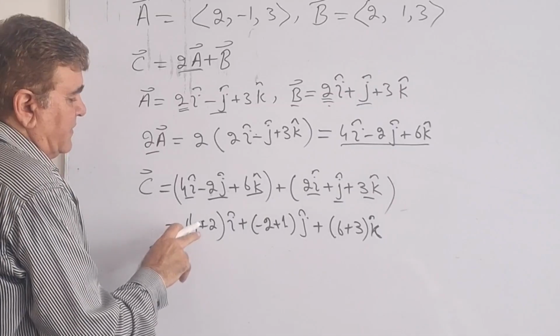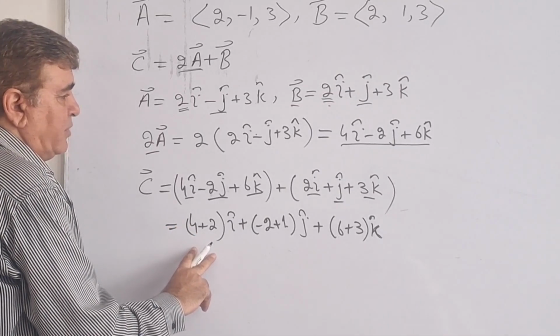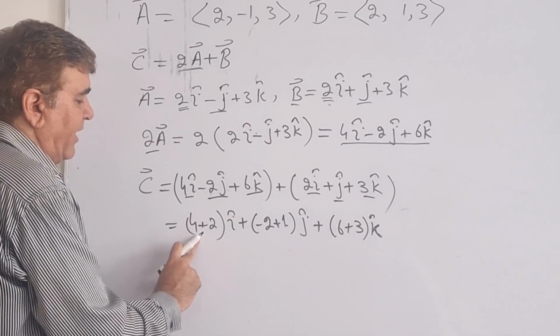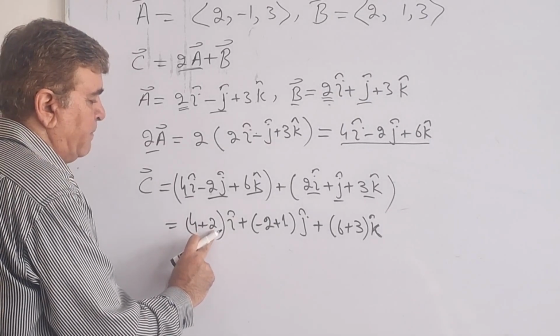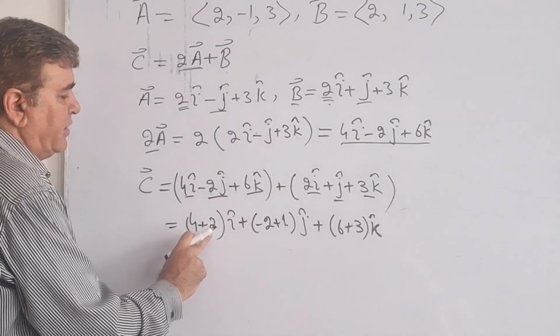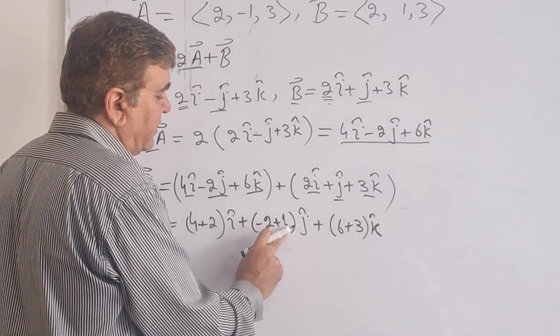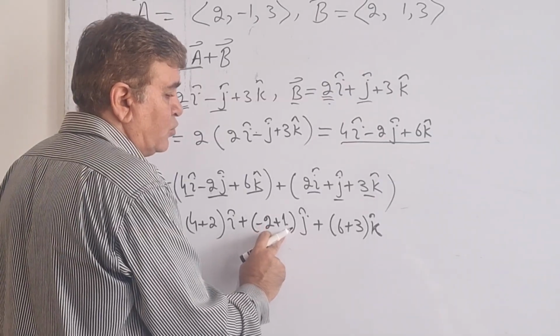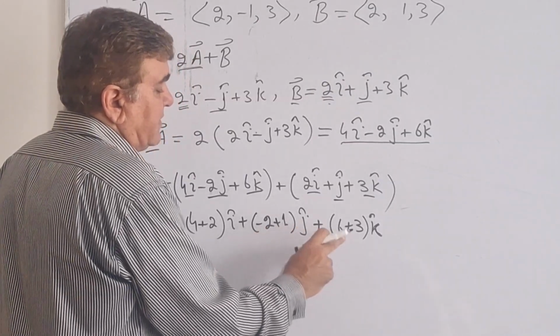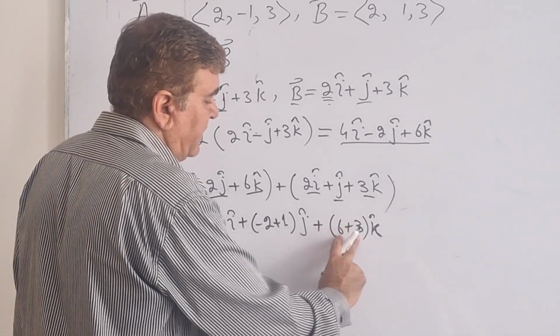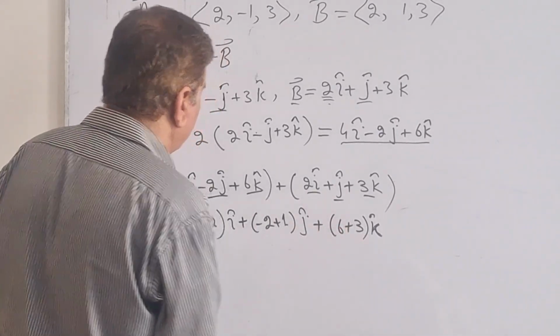Now you see this is what we did in our previous video by adding vectors through components. This is the x component of A, this is the x component of B, so we have added the x components. This is the y component of A, this is the y component of B, and we have added the two y components. Similarly, this is the z component of A, this is the z component of B, and we have added the two z components.